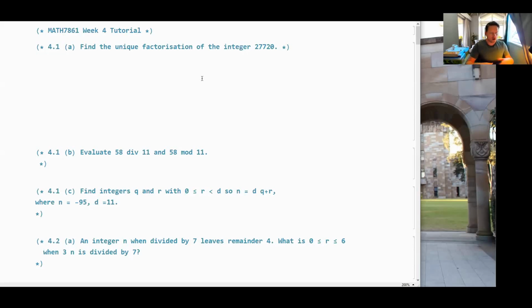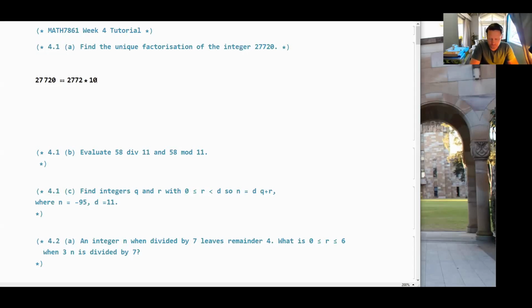Well, we can just perform some trial division. You can see that it's even. You can even see that it's divisible by 10. So in other words, 27,720 is equal to 2772 times 10.